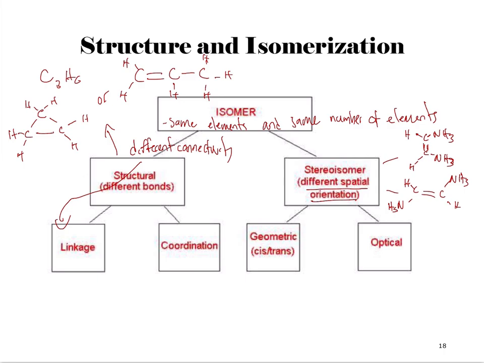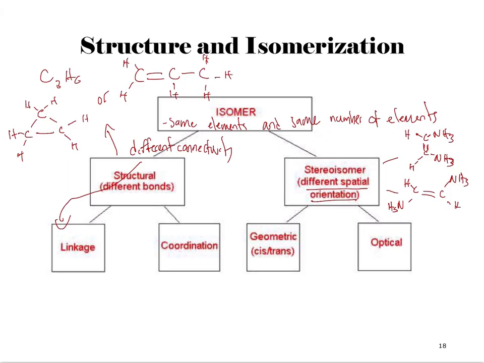And those fall into two categories. We have geometric stereoisomers, and then we have optical stereoisomers. The reason they're called optical is because, so you'll learn about this in organic chemistry, chirality and these things. Basically, these different types of isomers rotate light differently when they interact, right? So it affects the optical properties.